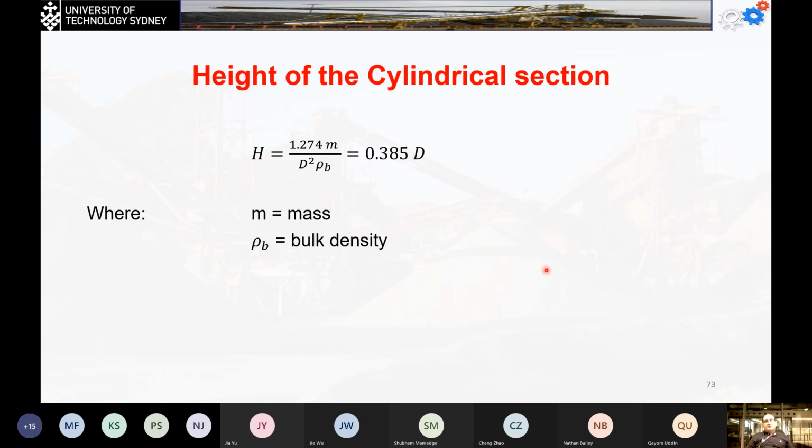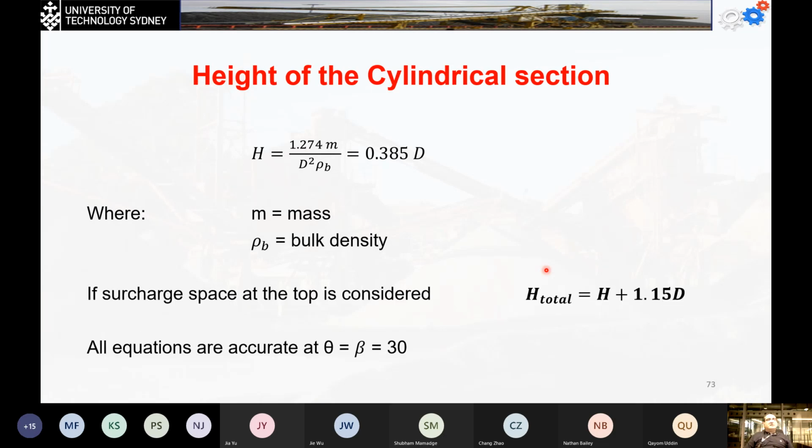So usually in general, we have an assumption that the height of the silo should be more than 4 times the diameter of the silo. So we had the example earlier that the 4 meter diameter had the height of 20 meters.